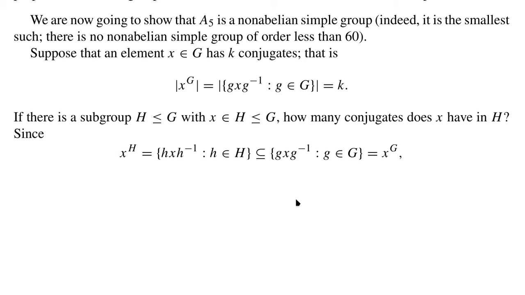That will be the conjugacy class with respect to the subgroup, X to the H. So you'll be considering all the conjugates of X with respect to H, and this is going to be a subset of the conjugacy class of X itself.